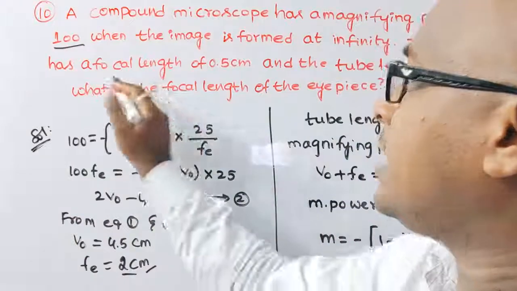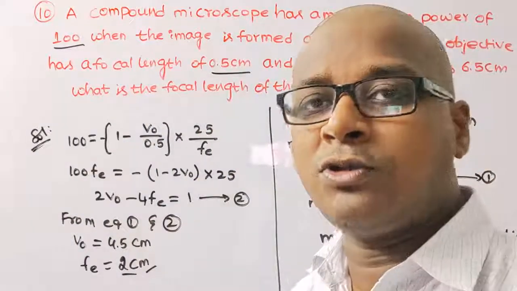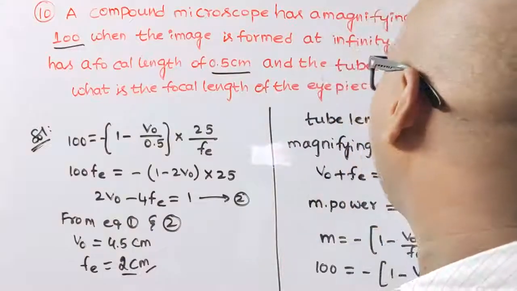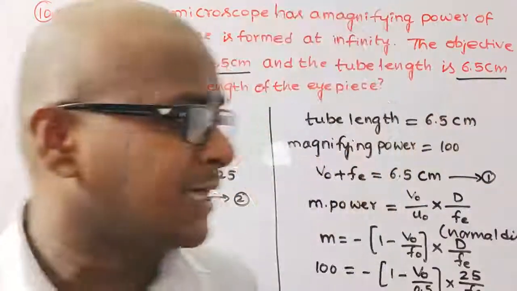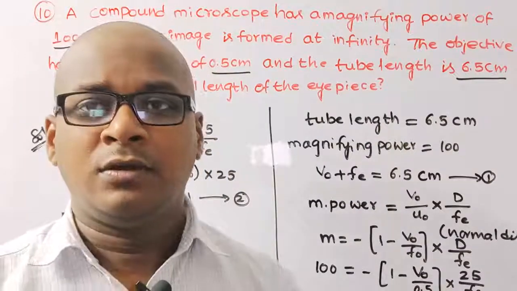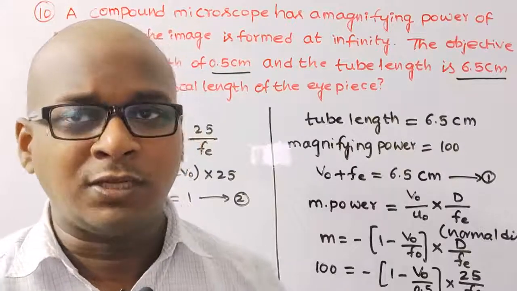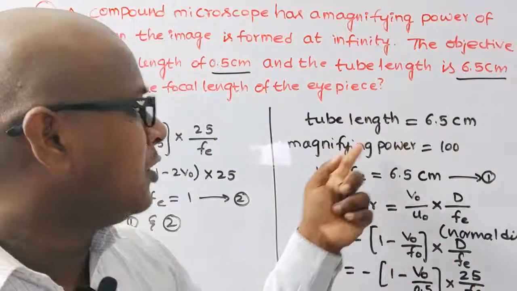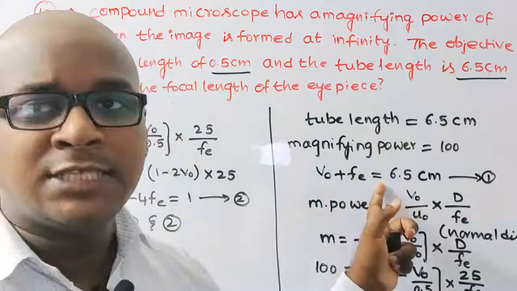The objective has a focal length of 0.5 centimeter, FO is equal to 0.5 centimeter, and the tube length is 6.5 centimeter. The tube length means V0 plus FE, the image distance for the objective plus the focal length of the eyepiece, which is 6.5 centimeter.